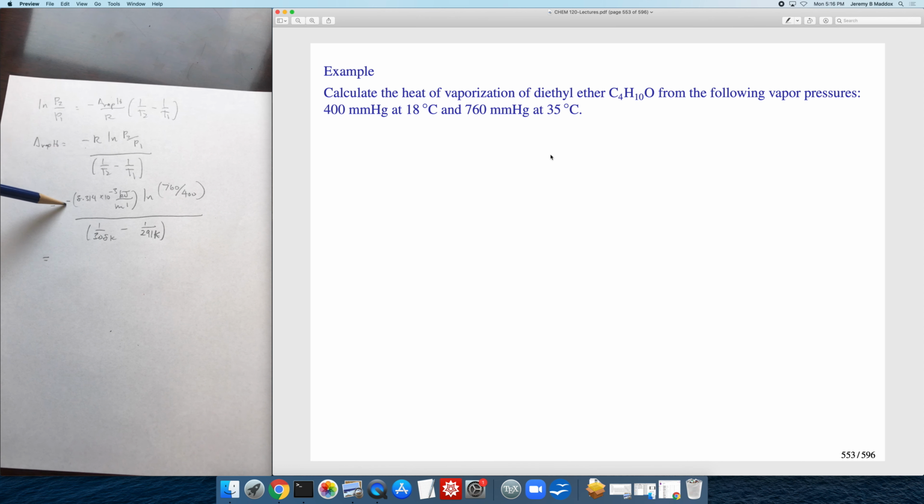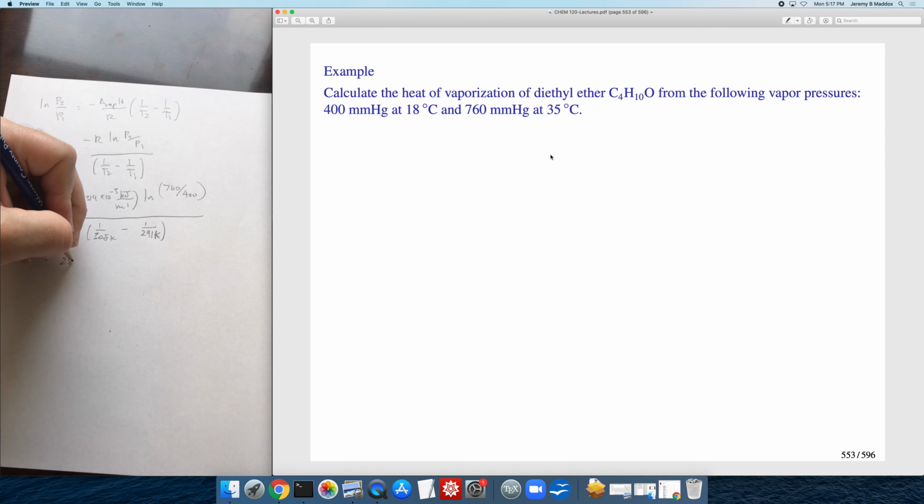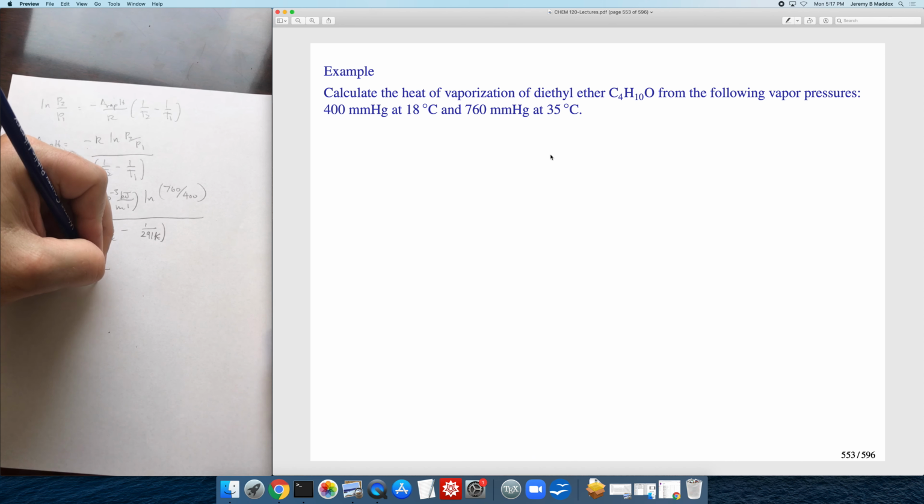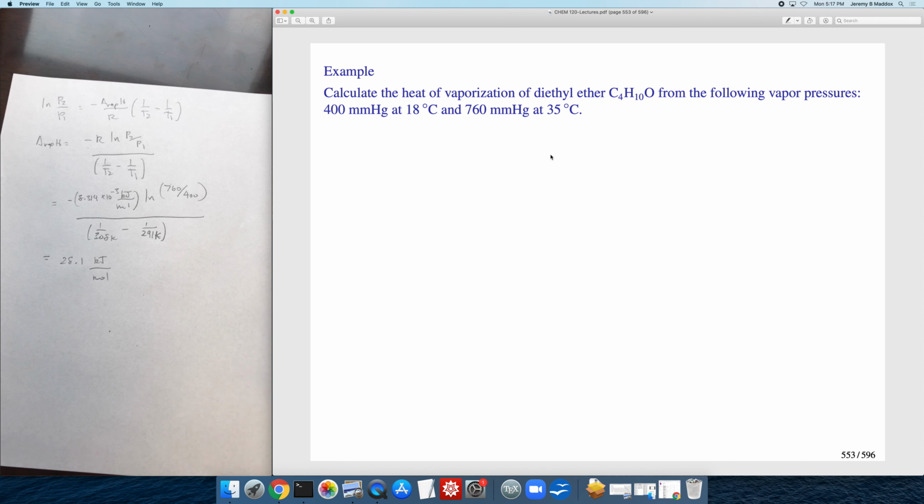I'm going to go ahead and multiply in that negative. And then I'm going to divide by the quantity 1 divided by 308 minus 1 divided by 291, close quantity. And I'm getting 28.1, and that's going to have units of kilojoules per mole. Okay, so that'll be the enthalpy of vaporization.